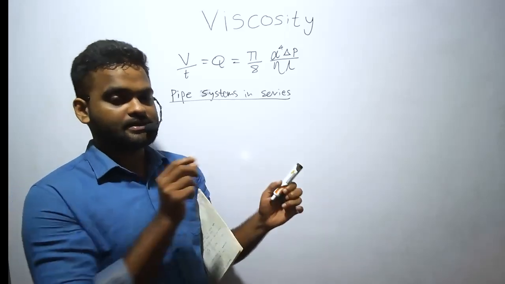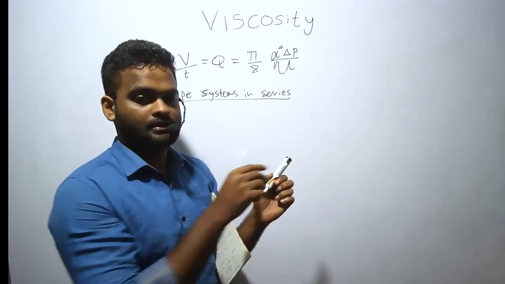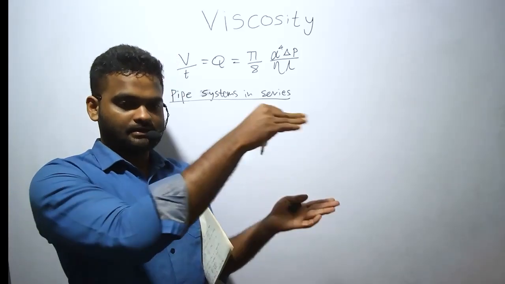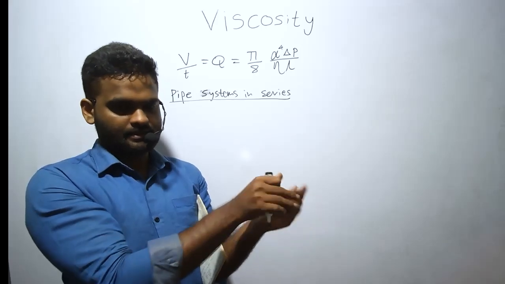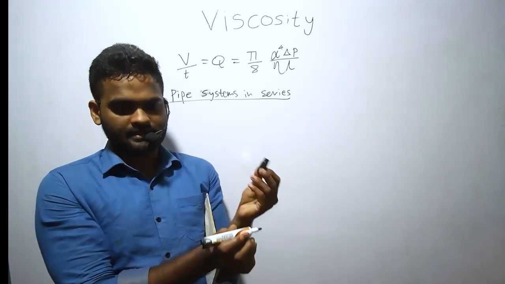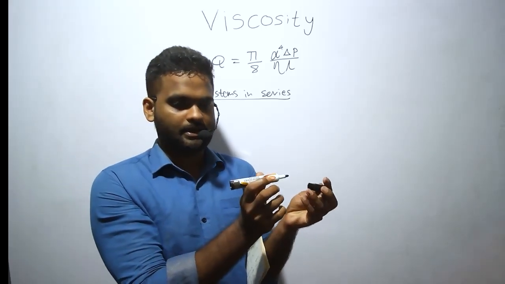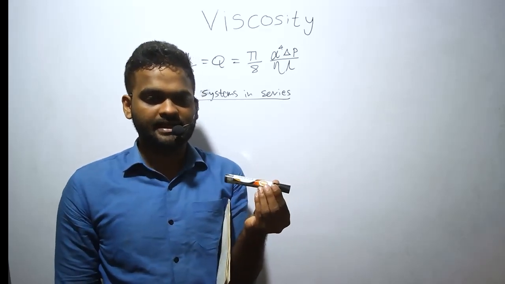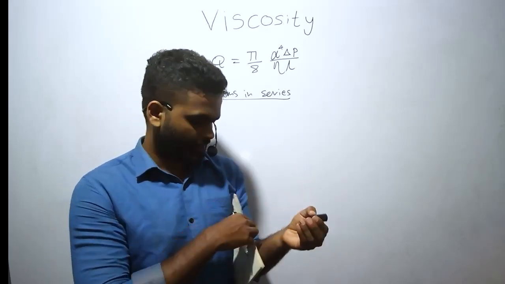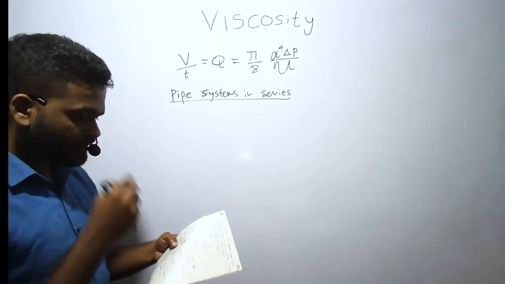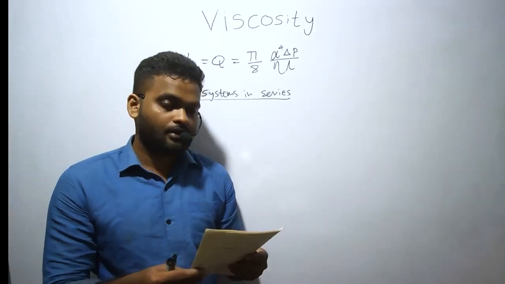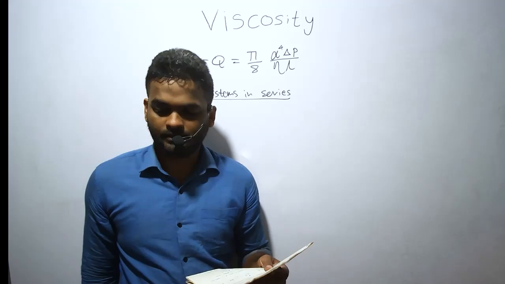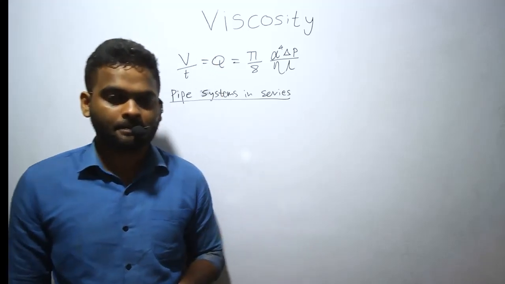In series means like this, not parallel like this. So the pipes are connected like this. This is the in series connection. First take this down. Then I'll explain.